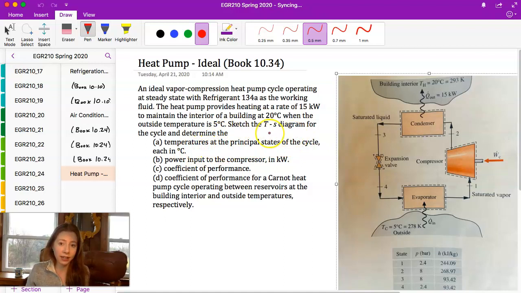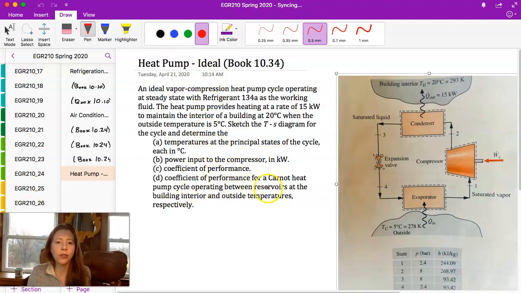Sketch the T-S diagram for the cycle and determine A, the temperatures at the principal states of the cycle, each in degrees Celsius, so the 4 principal states. And the states are given in addition to the pressure and their enthalpies to save time. Then the power input to the compressor in kilowatts, the coefficient of performance, and the coefficient of performance for a Carnot heat pump cycle, so that beta max, okay?